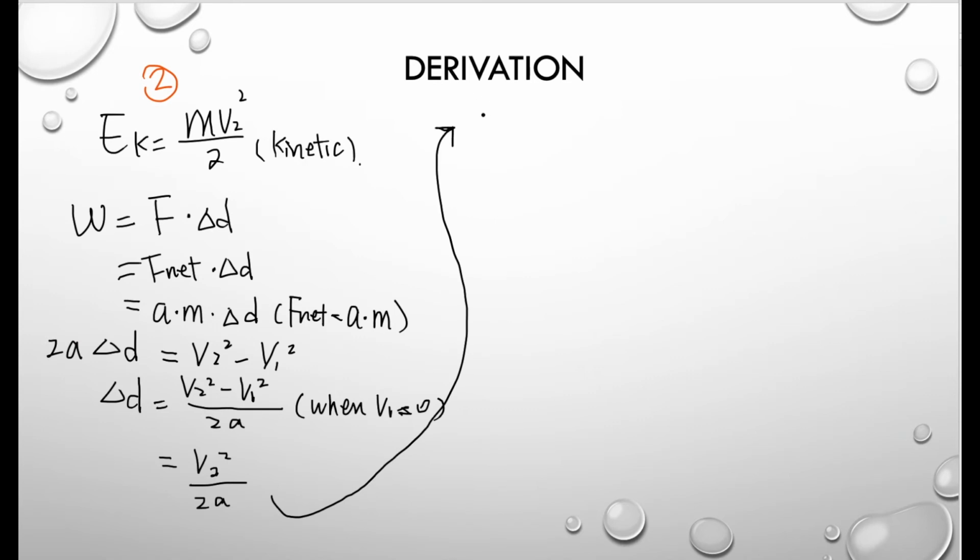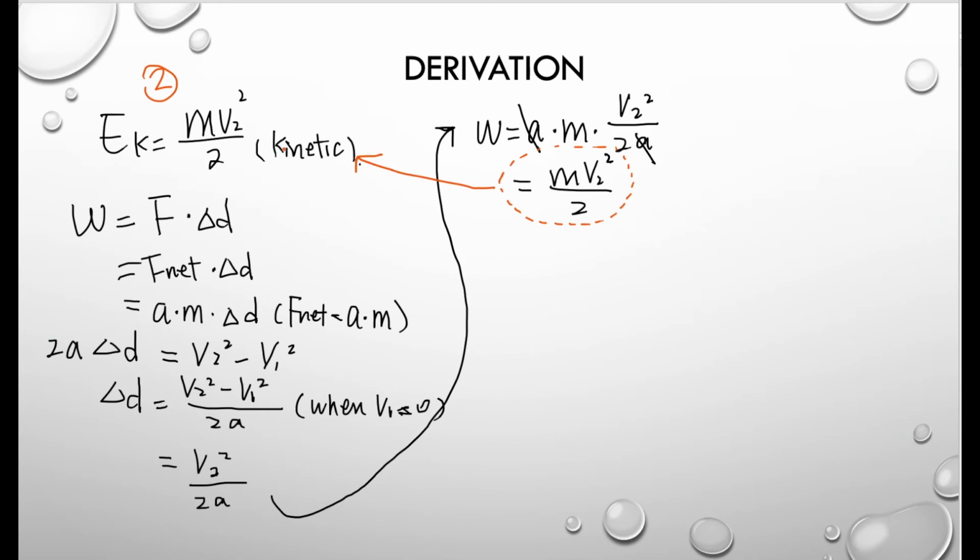And if we substitute it into the original formula, then it would be W is equal to A times M times V2 squared divided by 2A. And crossing out A, we will have mv2 squared divided by 2, which is the formula for kinetic energy that we wanted to solve for.